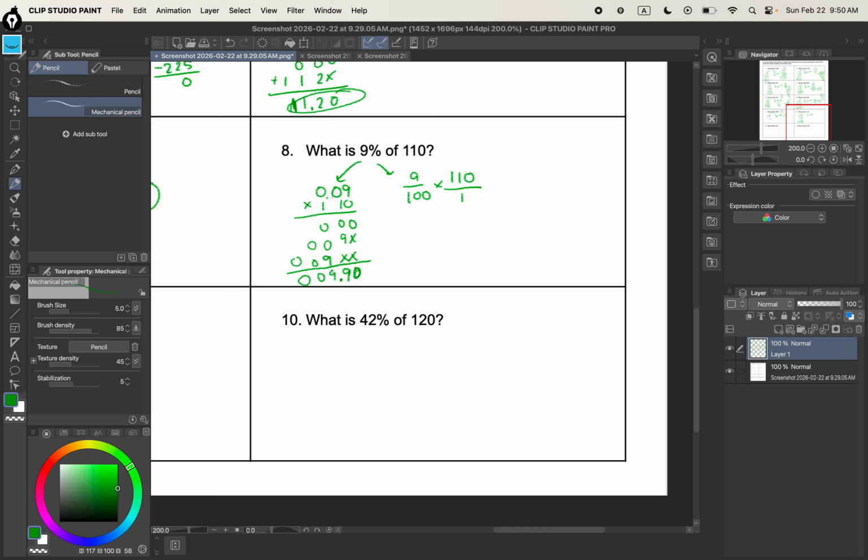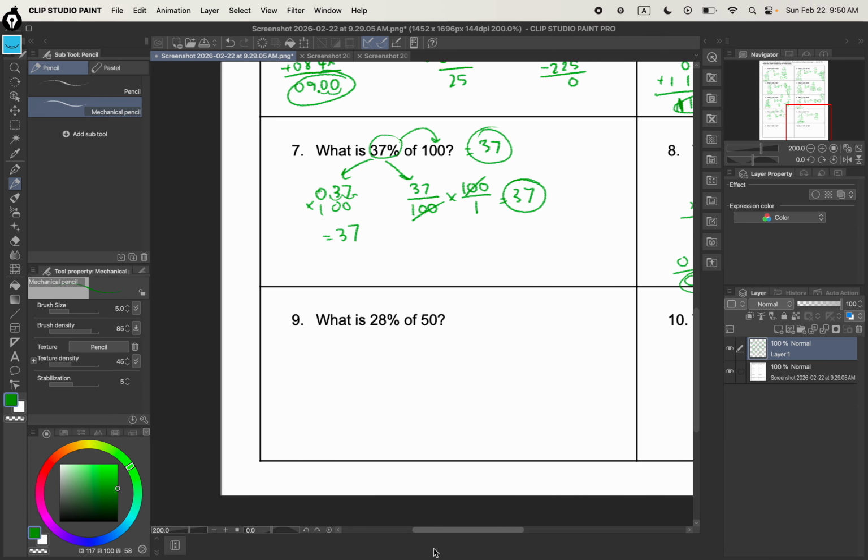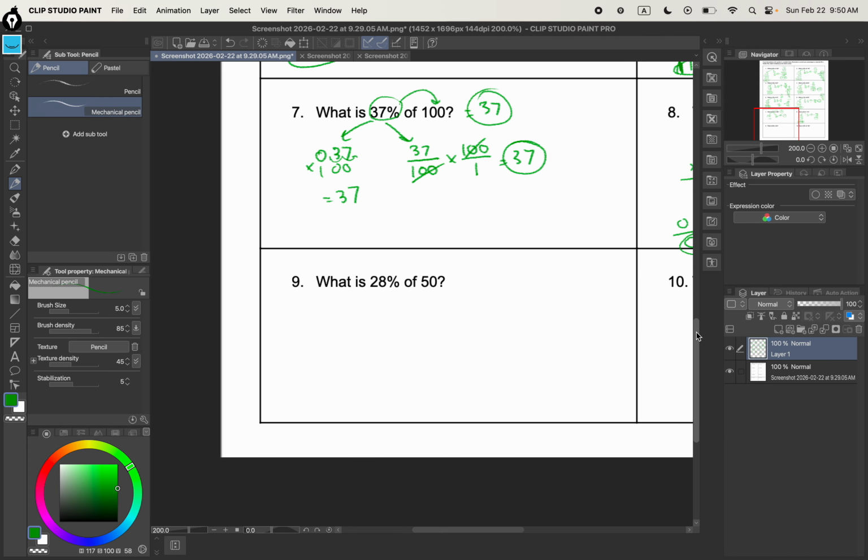So it's 990. 9.90. Okay. Here I know that's gonna be this. I know that's gonna be this. Then divide by 100, you just move your decimal place twice. Easy peasy. So you'll find the better you get at math, the more shortcuts you know, which will help you be even better at math.